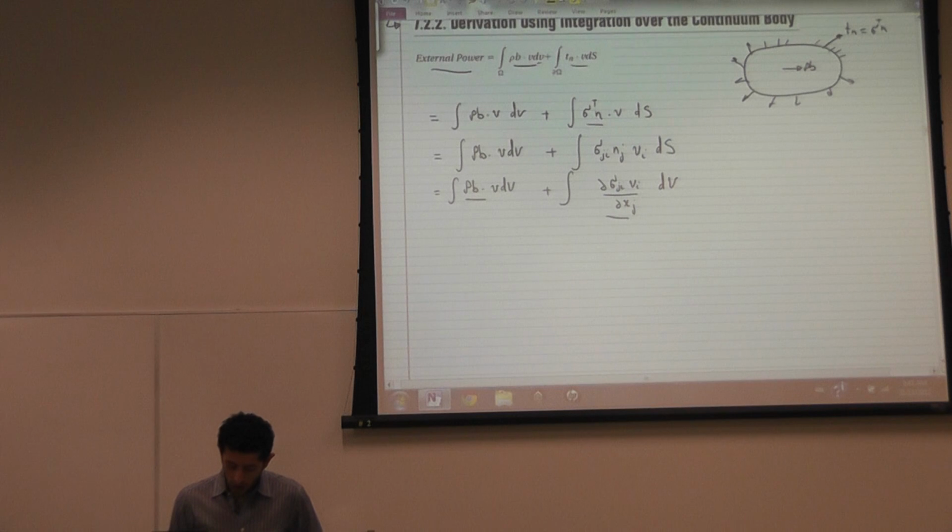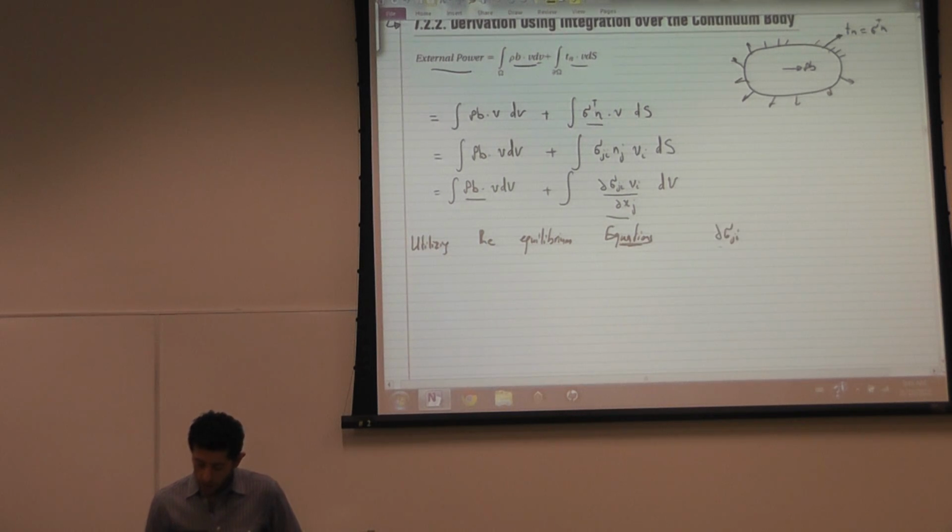And again, utilize equilibrium equations, which is partial sigma ji over partial xj plus rho bi is equal to rho ai.